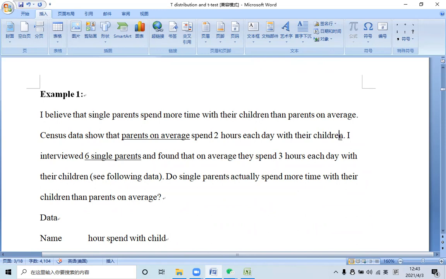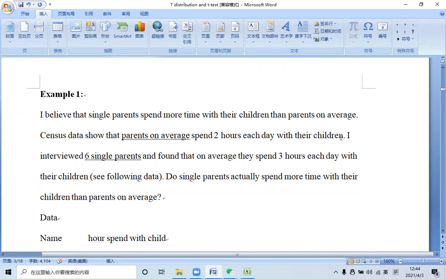Suppose we know that the average parents have a particular standard deviation or variance in terms of how much time they spend with their children, we don't have to use a t distribution. We can use the z distribution directly.